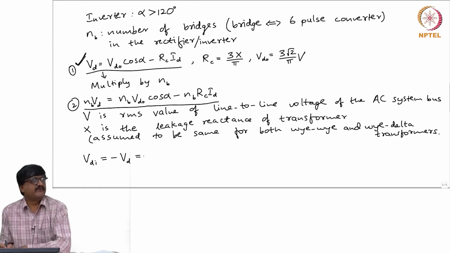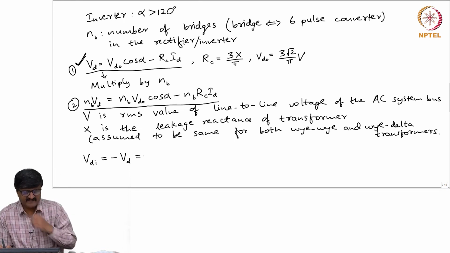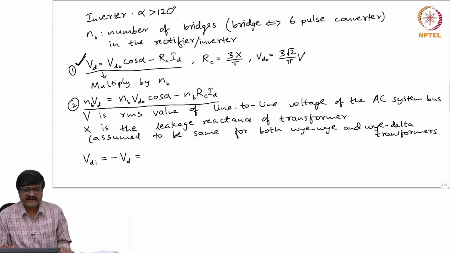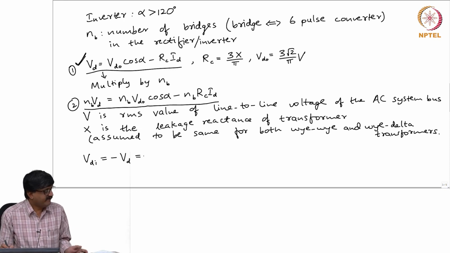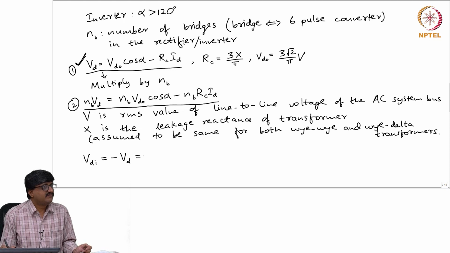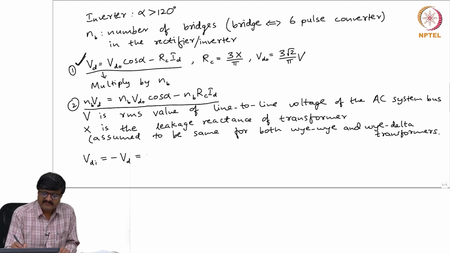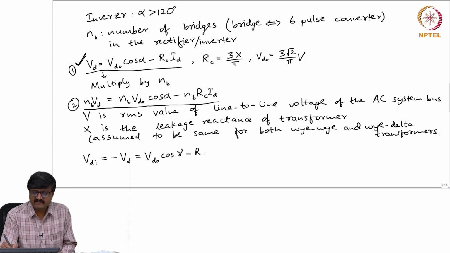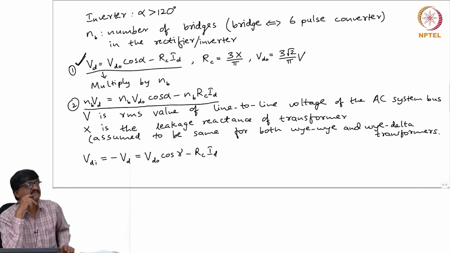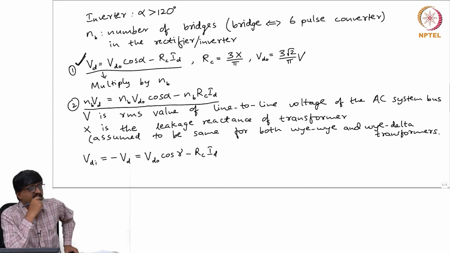We also derived a relationship between VD, ID, RC and gamma. This is equal to VDO cos gamma minus RCID. You recall?